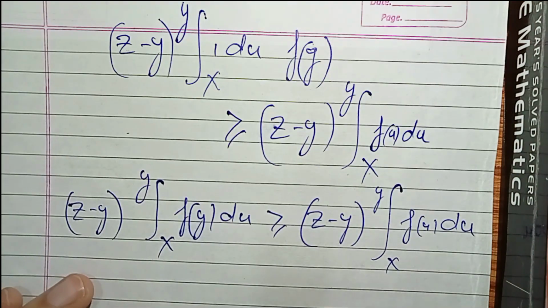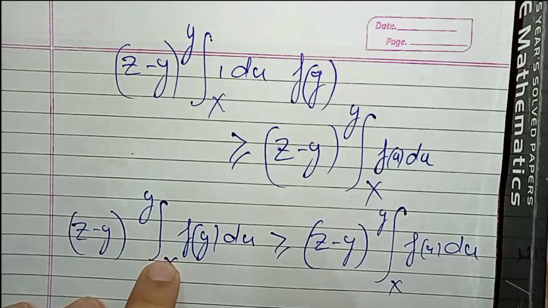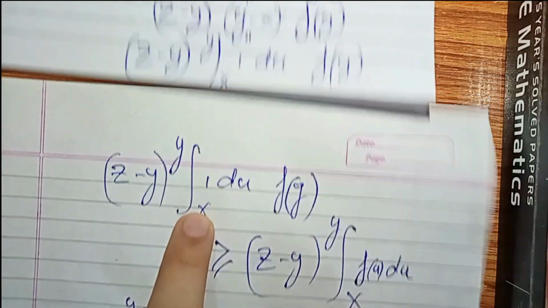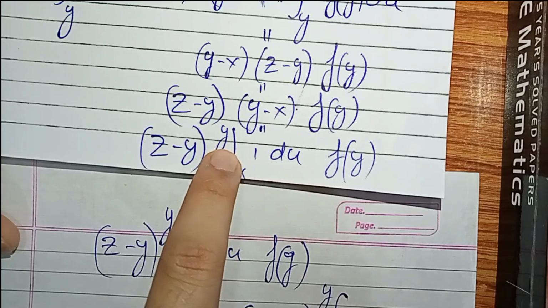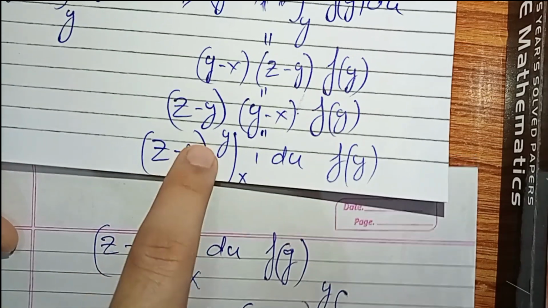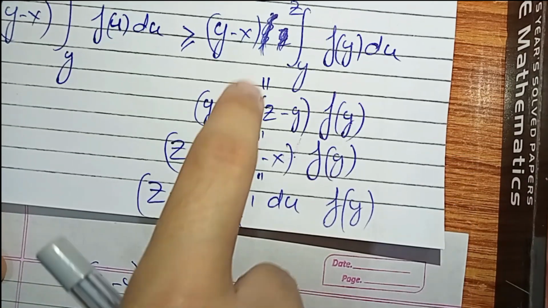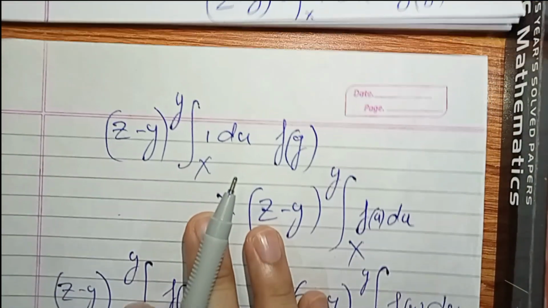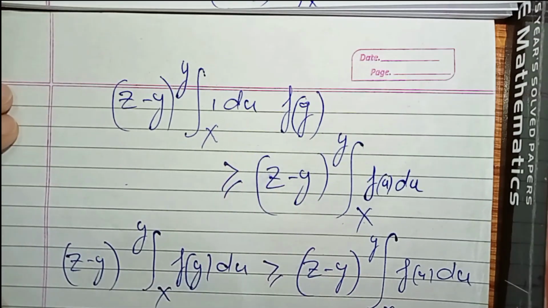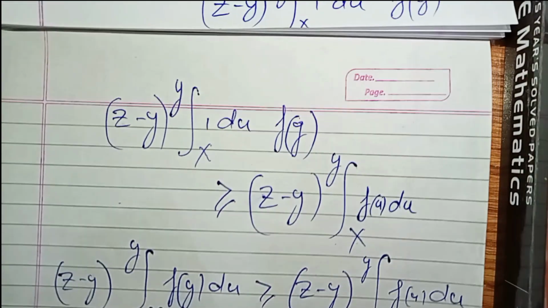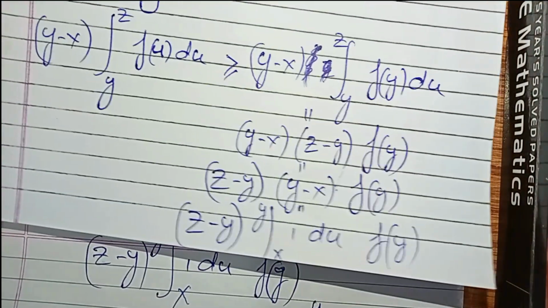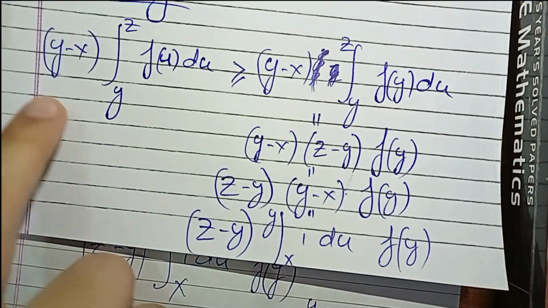But we know that this thing right here is equal to this thing right here, and this thing right here is equal to this thing right here. They are the same, and this is equal to this, and this is equal to this. So now from this, can I say that I can simply say, right, I think my problem is solved.